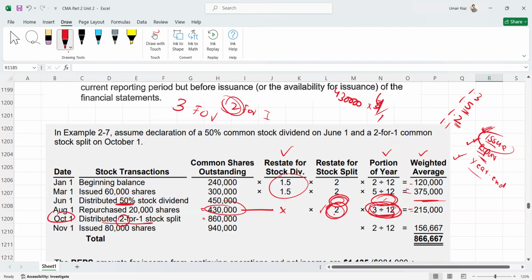If it is 4 per 1, 4 by 1. Okay. So 430,000 multiplied by 2 by 1 is 860,000. And you can see here, don't multiply with stock dividend, stock split, or portion of year. Just leave this space. Only adjust the outstanding shares, because the stock split is applied to all existing shareholders. Then we have a next transaction.